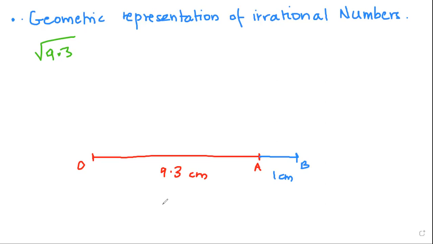Everybody done? Okay. Now you need to find the midpoint of this line OB. Be very careful, this is the step you will go wrong. Midpoint of OB, which is nothing but 9.3 plus 1, which is 10.3.